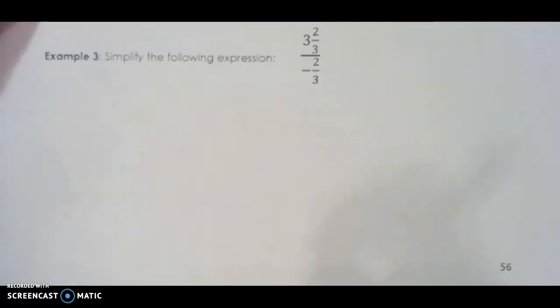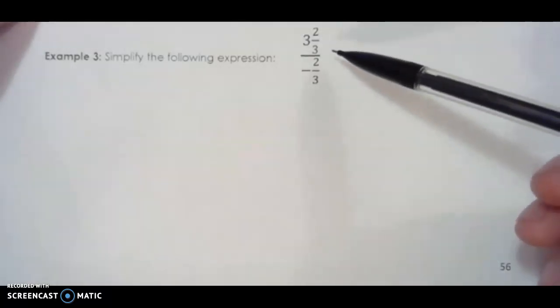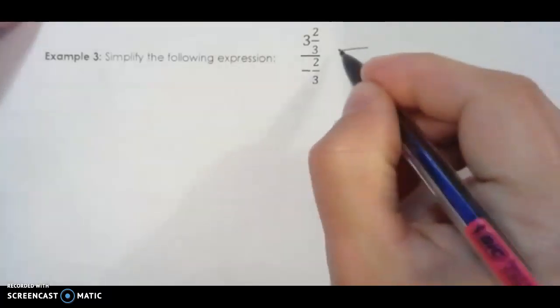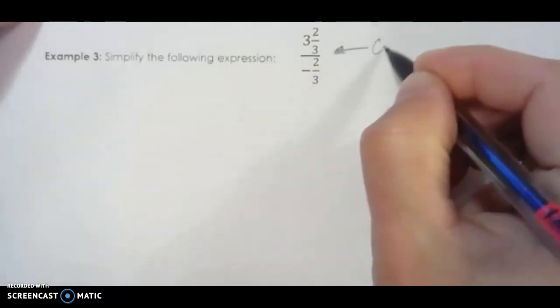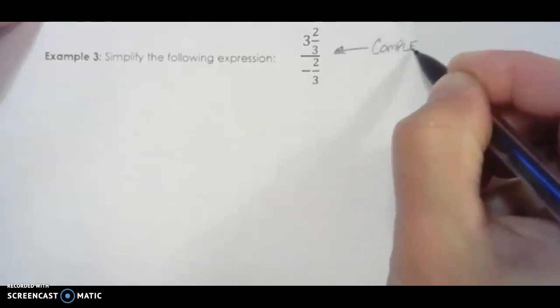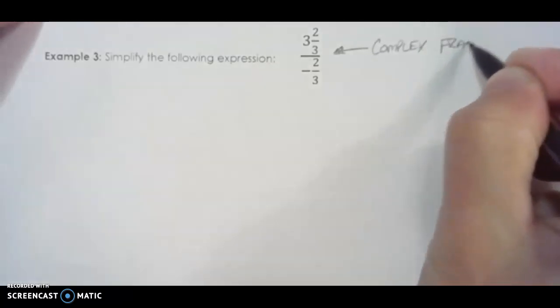In example 3, they want us to simplify the following expression. And this is something that is called a complex fraction. So let's talk about what this means right here.